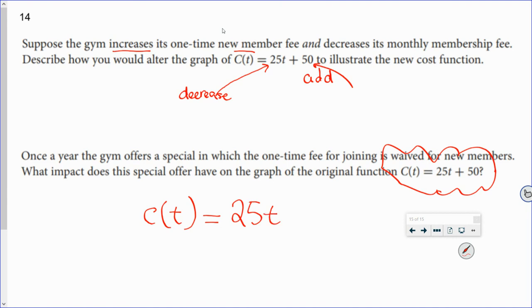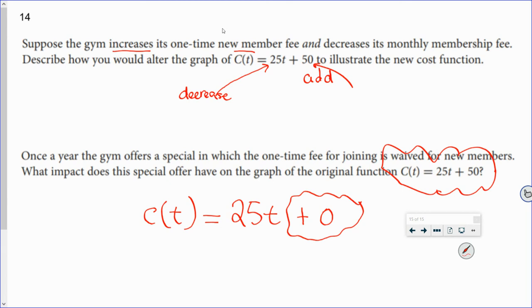My monthly fee hasn't changed, has it? So my slope doesn't change. My constant rate of change doesn't change. What have I gotten rid of? The one-time fee, right? So it starts at 0. So I'll leave this portion out. Or I could say plus 0, but I don't need to do that, do I?